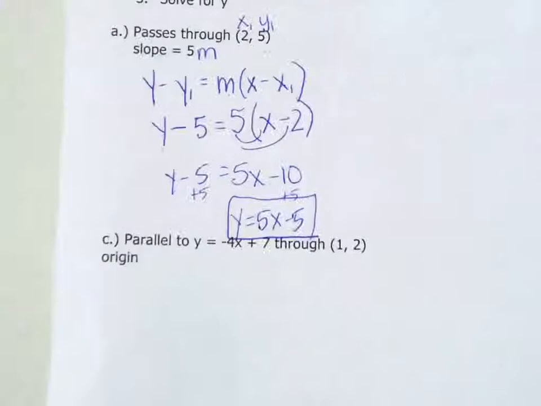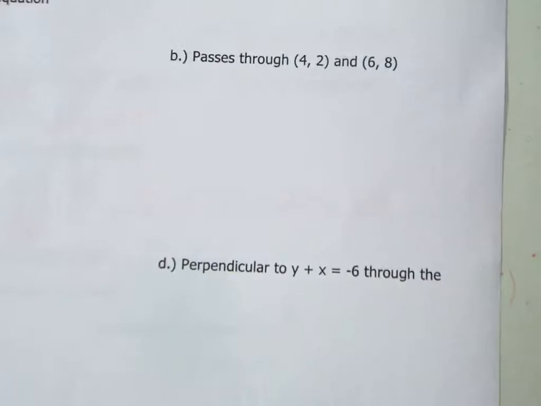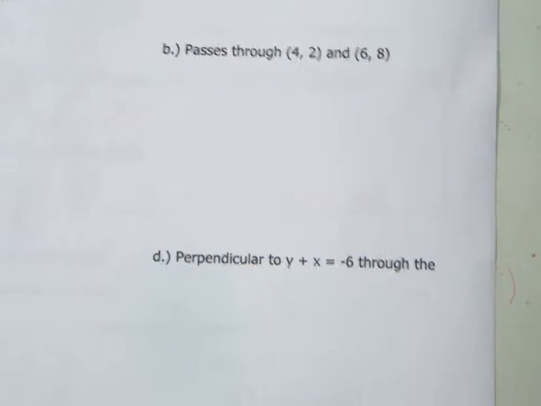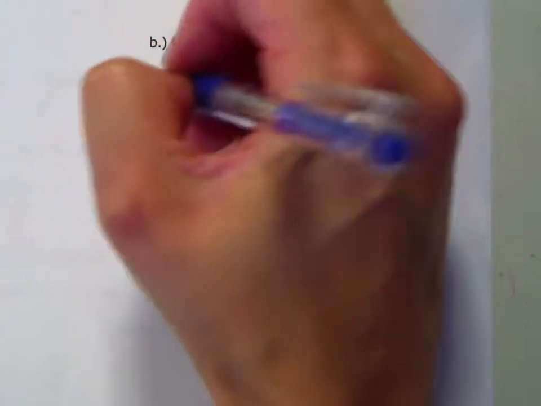What's different about the next example compared to the one we just did? It was the slope. Okay, what are you not given that you were on the last one? You're not given the slope, so that's what we need to start off by doing.